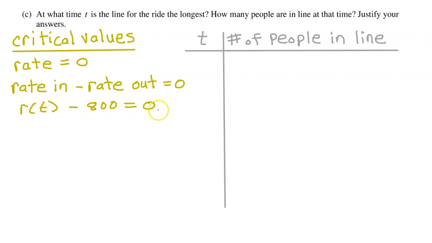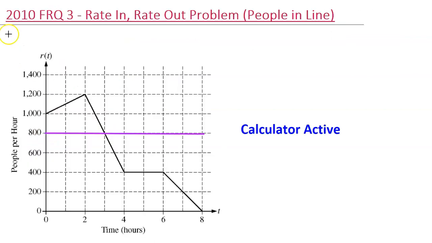So now we have this equation. We can solve this by adding 800 to both sides. So r of t equals 800. We just need to find the critical value, the time, when the rate in is equal to 800.